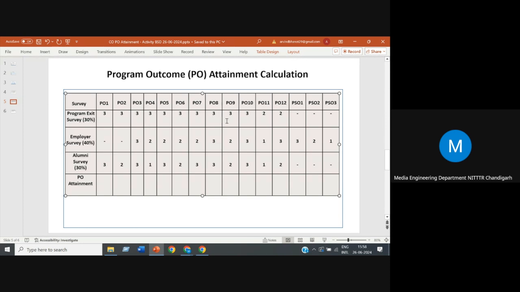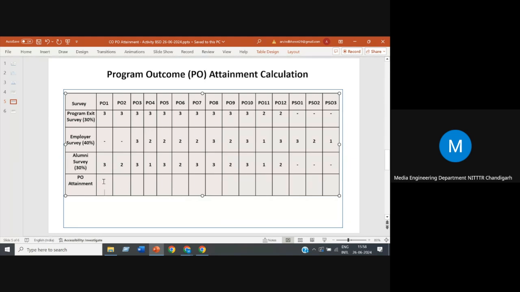So I have entered these quantification of surveys. So let's assume these quantifications. I have explained how to convert those responses of surveys into 3 to 1. So using that methodology, say we get this particular response from these different surveys, right?